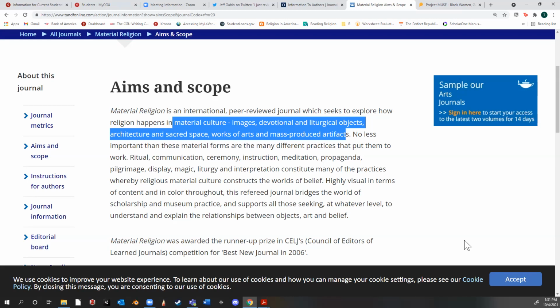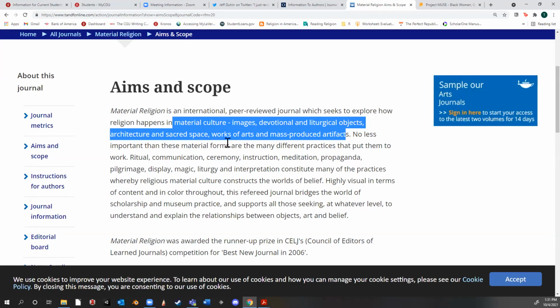So one thing to look at as you're picking a journal to submit to is first to consider, does the journal have some sort of methodological focus that you want to contribute to, right? Is it a journal of sociology, a journal of history, or does it have a topical focus? In this case, a focus on material religion over other kinds of religious iconography or something like that, right? So think about what the aspects of the journal are, be it methodological, problem focused, subfield focused, or thematic.